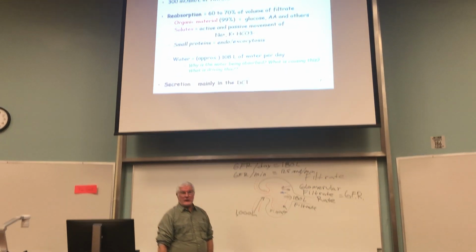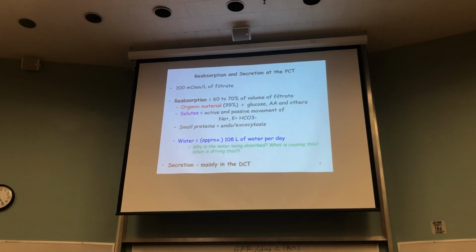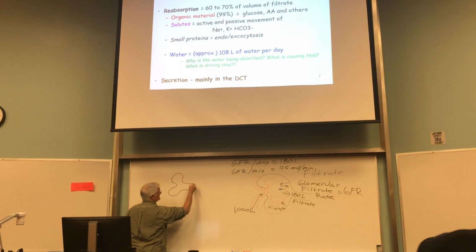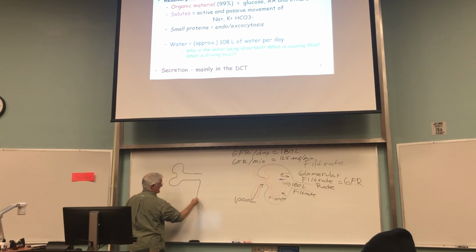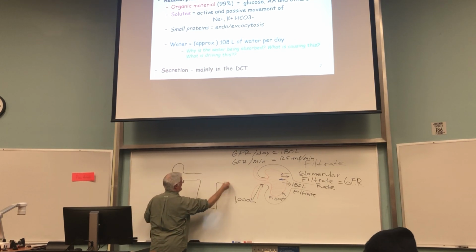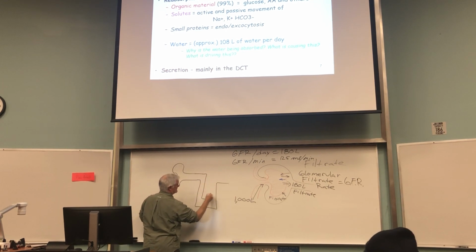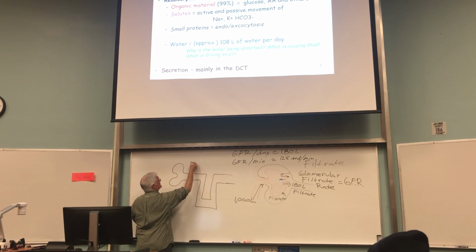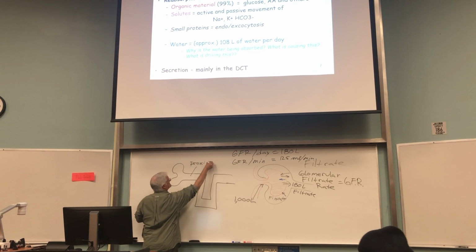All right, we're going to talk about what happens in the very first tube. So, if we're making a quick little diagram of our glomerulus, I'm just going to do it like this for the moment, a schematic diagram. This is the proximal tubule.